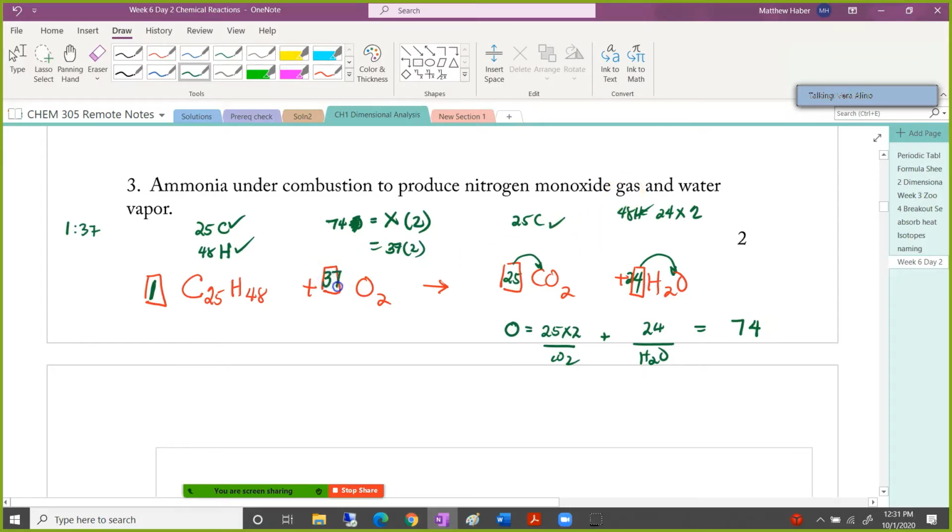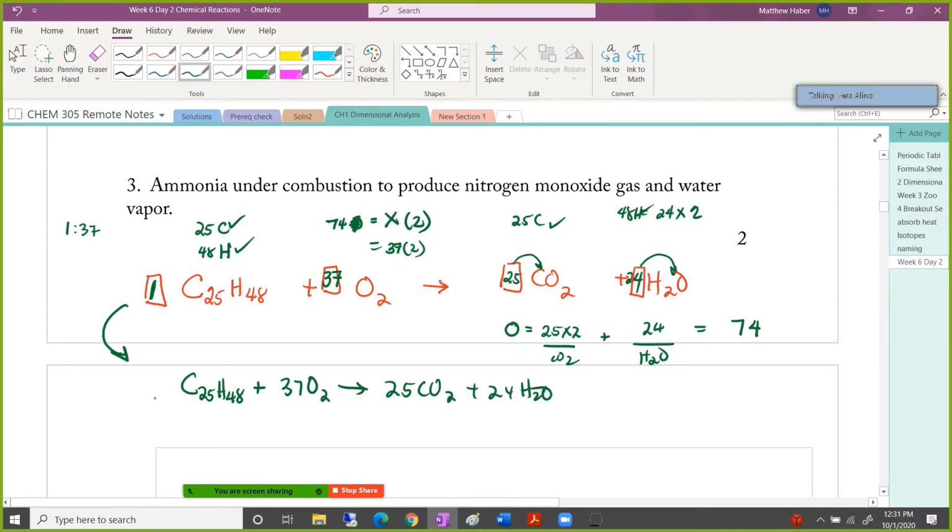Thank you to the one who just answered that for me. Now the only thing left is a final cleanup of your balancing. So that will be C25H48 plus 37O2 will give you 25 carbon dioxide molecules and 24 water molecules. Notice that I got rid of the number 1 because it's already implied.